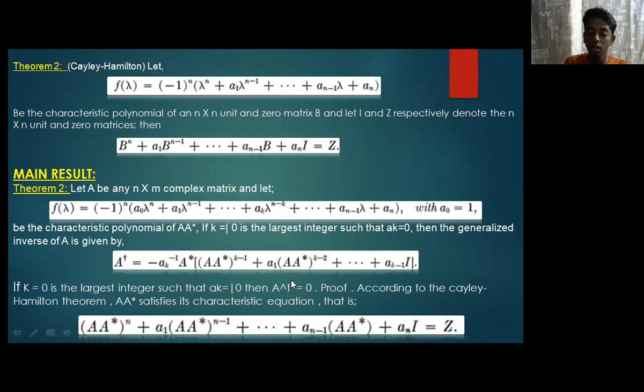If A^k is 1, then A inverse will be some value. Proof. According to the Cayley-Hamilton theorem, A into A inverse satisfies its characteristic equation, that is this equation: A into A whole power n plus A1 into A into A whole power n minus 1 plus so on up to A n minus 1 A into A plus A n I is equal to Z.